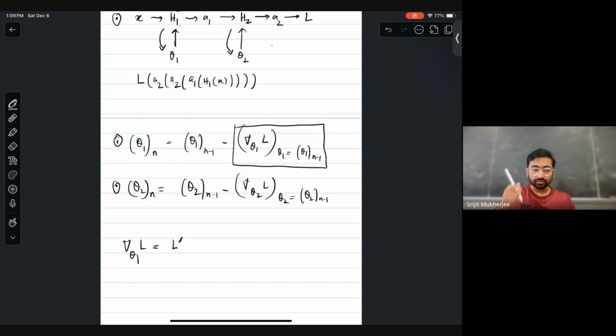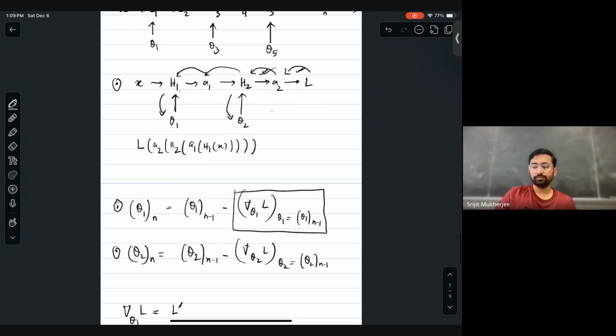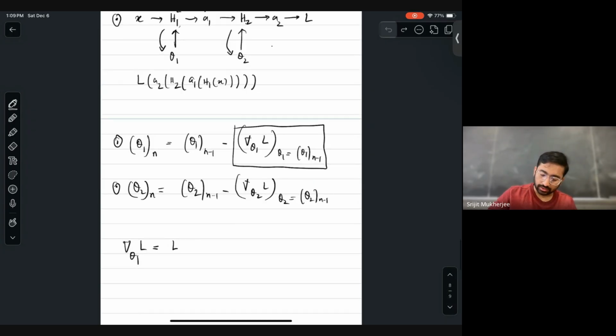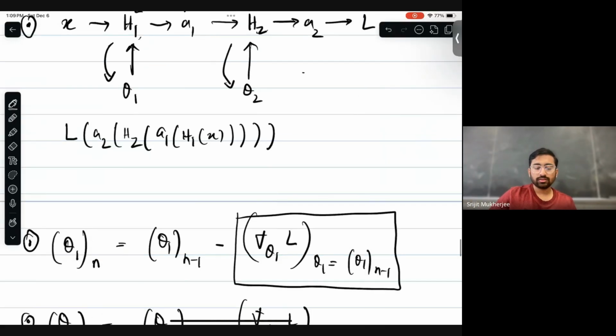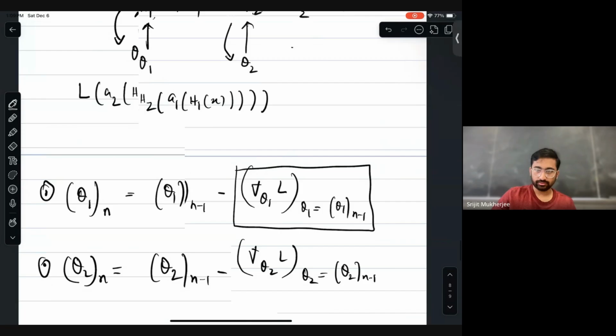But understand the input will be this A2, the output of A2. Or we can call it del L by del A2, times del A2 by del H2 with respect to H2, times del H2 divided by del theta 2. Once you do this, you get the theta 2 update.